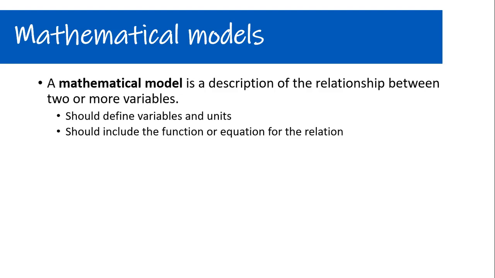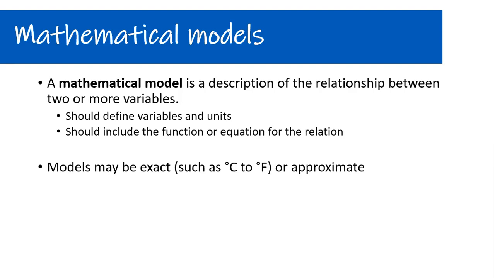So if you were going to say the number of quarters you get per dollar is 4, then Q equals 4D, where Q is the number of quarters and D is the number of dollars. Then that would explain your model right there. You've told it the units and you've told it the relationship.